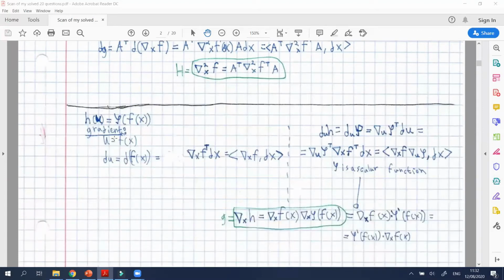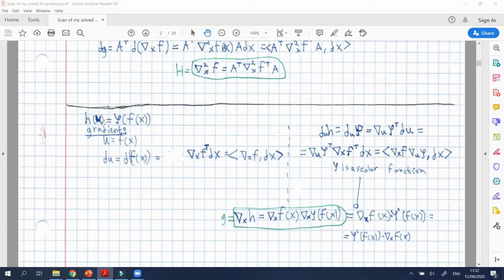So if we define a function of a function, notice that the phi here is a scalar function. So we have a multi-variable function which has a vector input and outputs a vector, and then phi gets the vector it outputted and outputs a scalar.